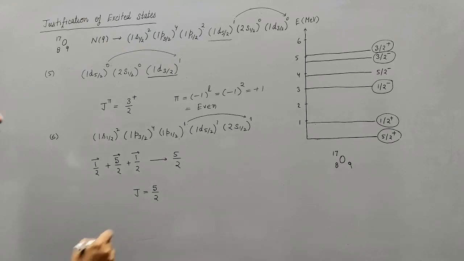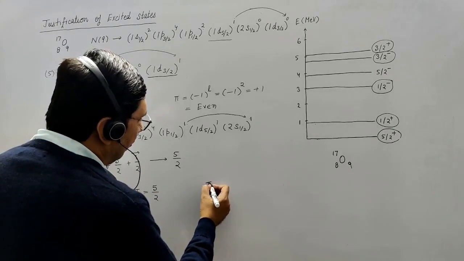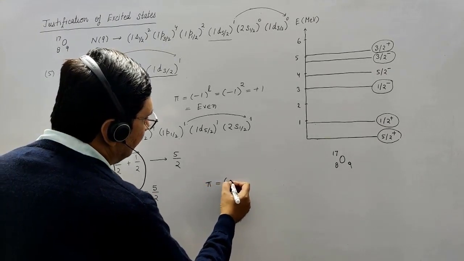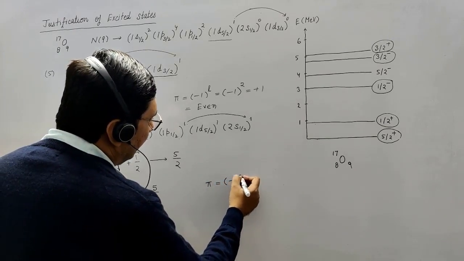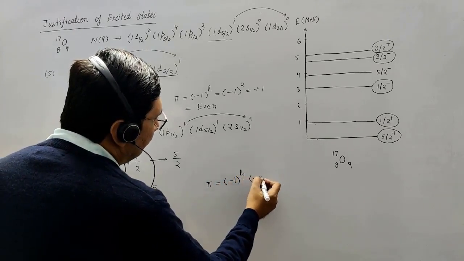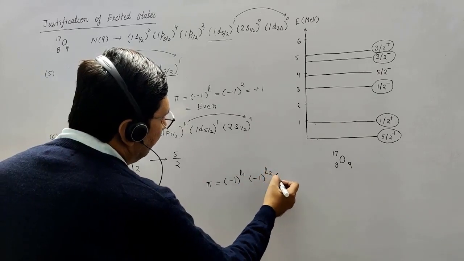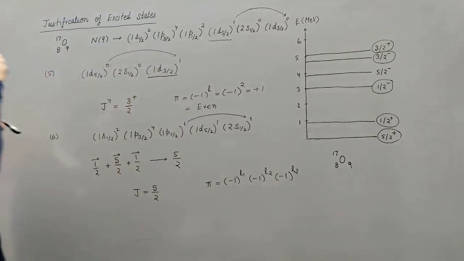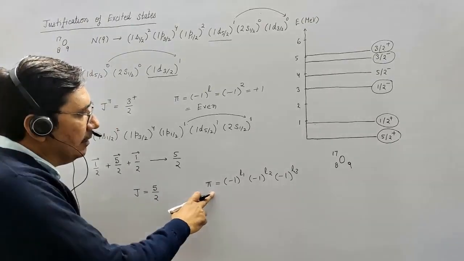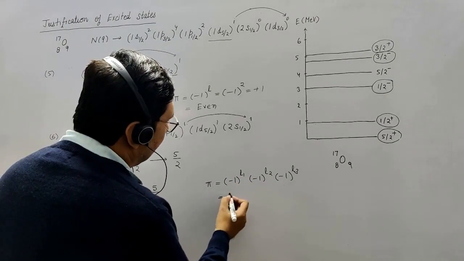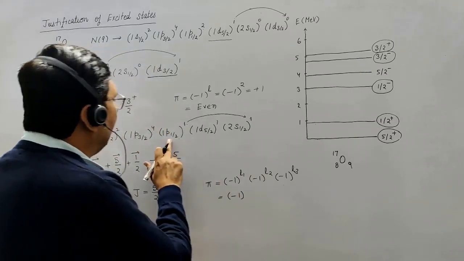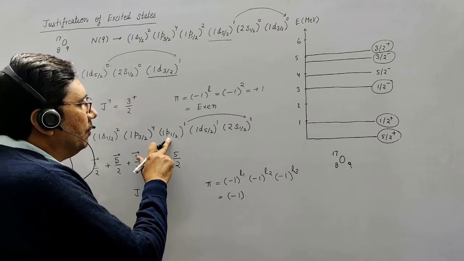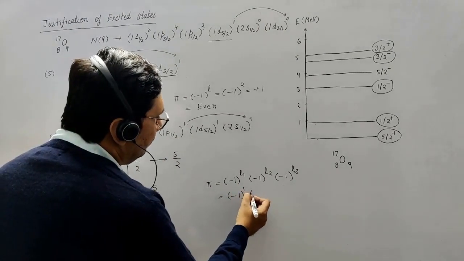Now, what will be the parity of this excited state? The parity will be minus 1 to the power L1, times minus 1 to the power L2. Parity has a multiplicative nature, and here three unpaired neutrons are participating. So the parity of the final state is given by this. What is the value of L for P? This is 1.